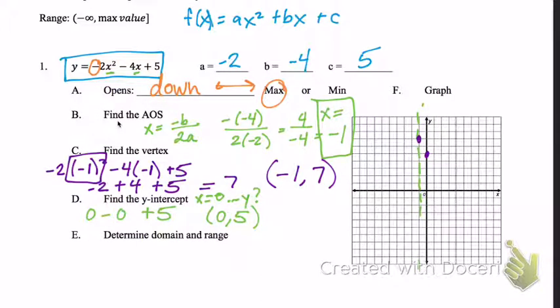So something about a parabola is that when you have your axis of symmetry, that means that on either side it's a mirror image of each other. And so if I have a point at 0, 5, that means that I'm 1 x value away from my vertex. That means that I can draw an identical dot.